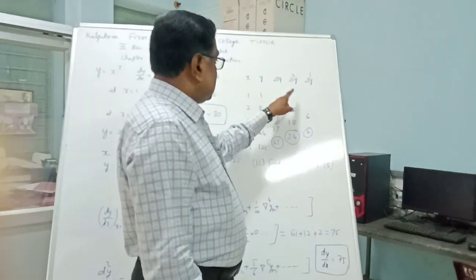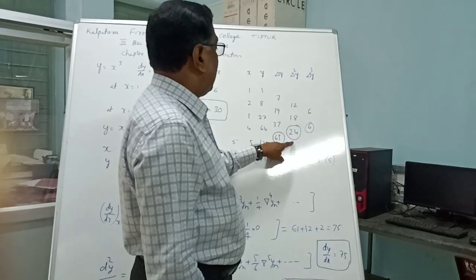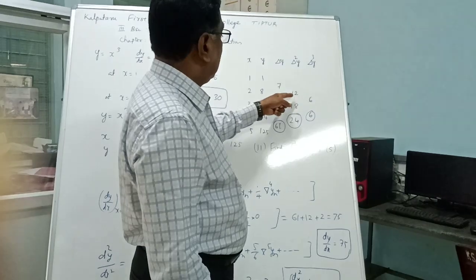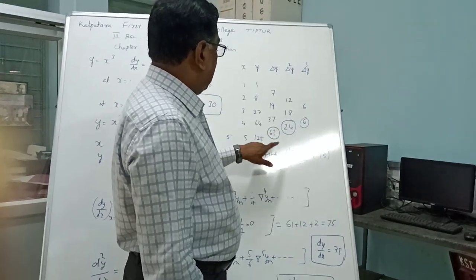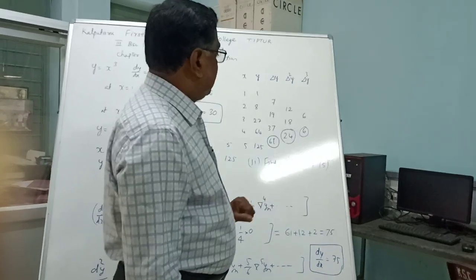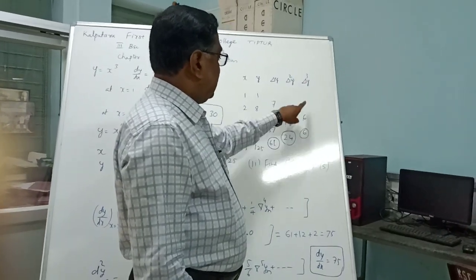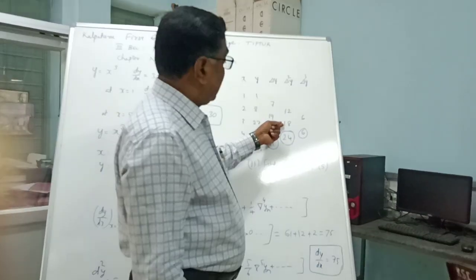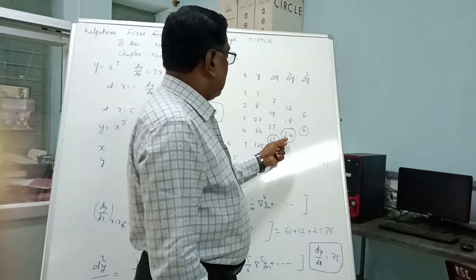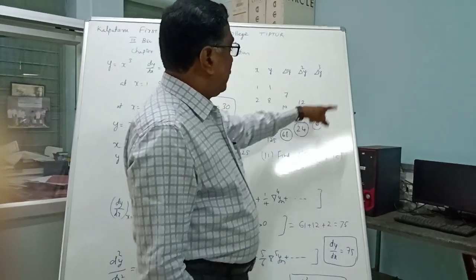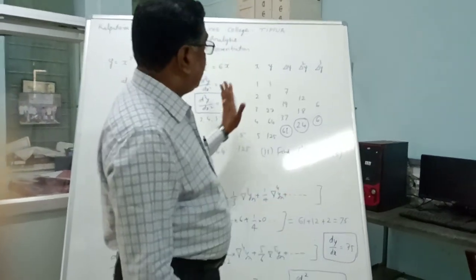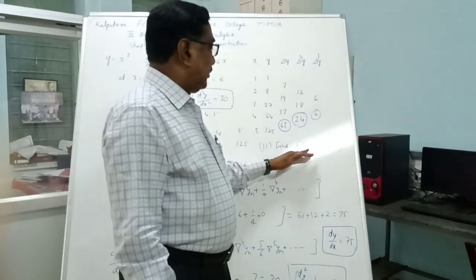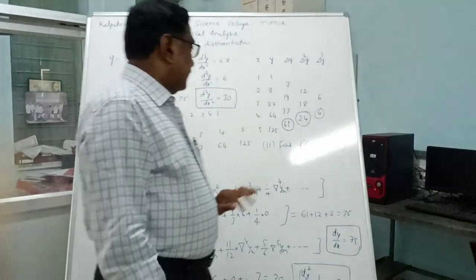Similarly, the second forward differences are the differences of the first forward differences: 19 minus 7 is 12, 37 minus 19 is 18, 61 minus 37 is 24. The third forward differences are the differences of the second: 18 minus 12 is 6, 24 minus 18 is 6, and the fourth forward difference is 0. In this way we construct the forward difference table in order to find the derivative that lies at the beginning or at the end of the table.